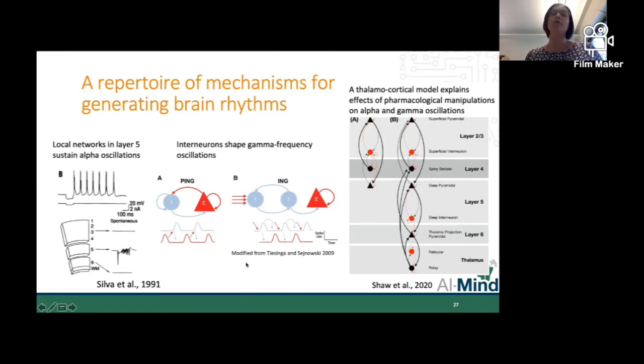A very common mechanism for creating gamma frequencies are a so-called ping network, so pyramidal interneuron gamma type of network. And here many theoretical accounts have shown that networks with interneurons shape the gamma frequency oscillations.